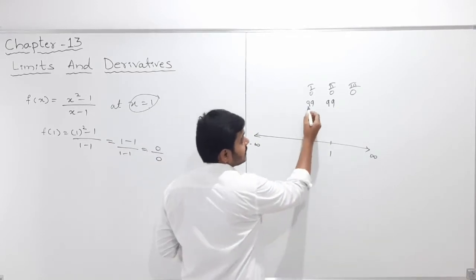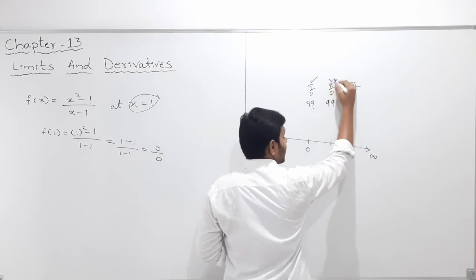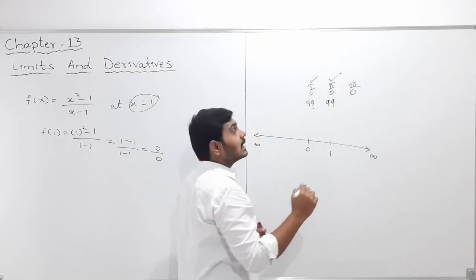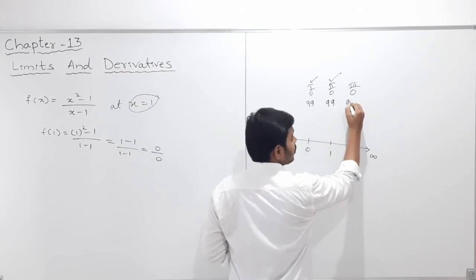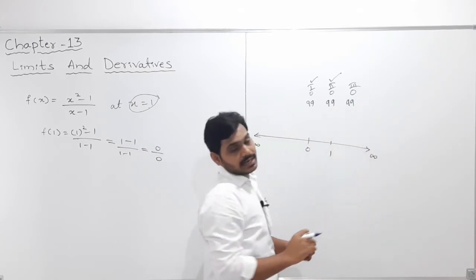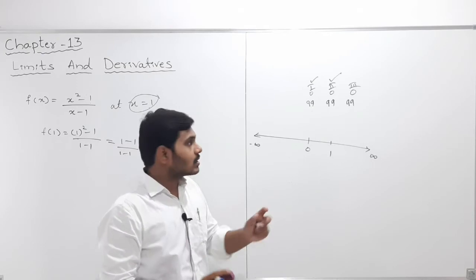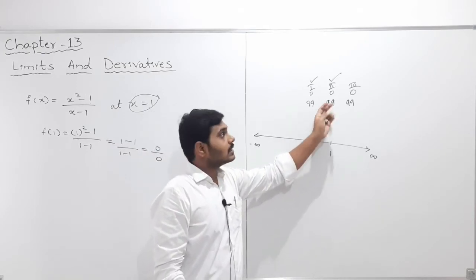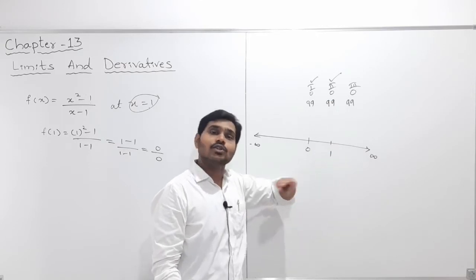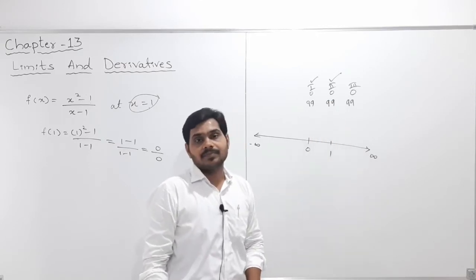Since the first test was 99 and the second was 99, obviously in the third test you may get approximately 99 or 98, because in the first 2 unit tests you got 99, so on average you may get 99 in the third also.